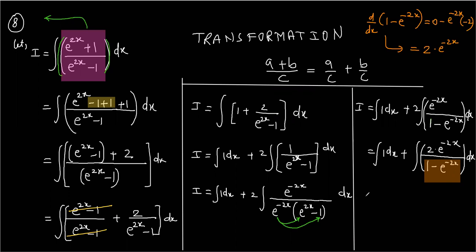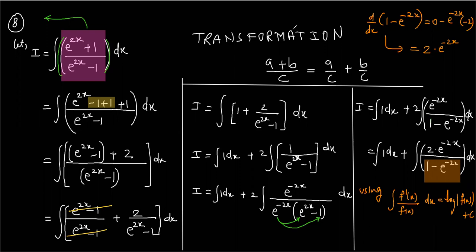So you will now use the result: integral of f dash x upon f of x dx equals log of mod f of x plus c. So you will get the final answer. What will be the final answer, students?